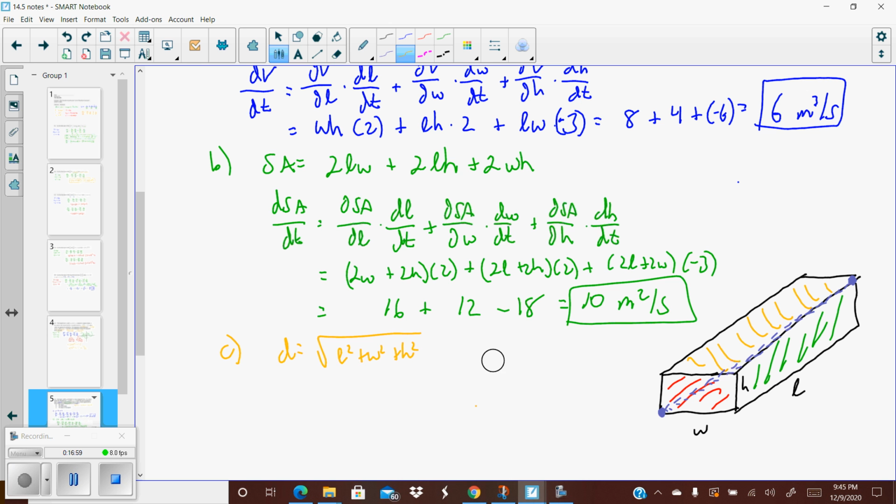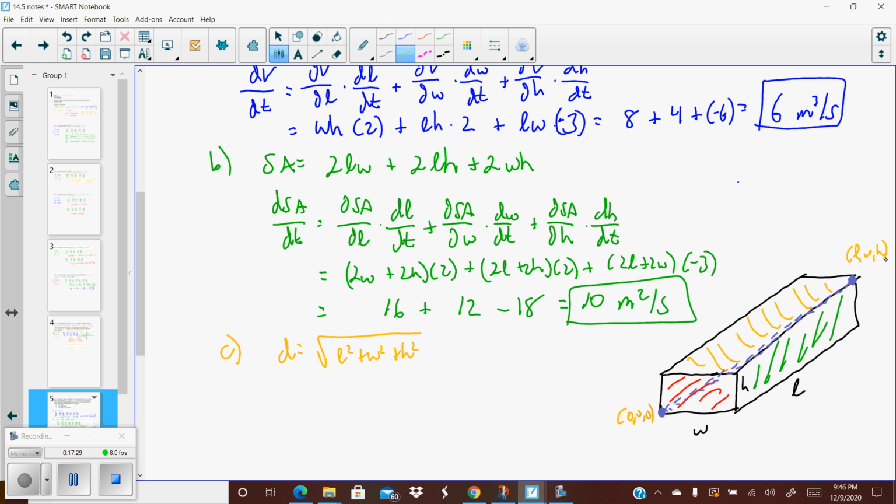You can go back to previous lessons to see how that works out. Basically, you treat this like it's your origin, and this point up here is your L, W, H, your length, width, and height point. So the distance between those two is just the extended Pythagorean theorem in 3 dimensions.